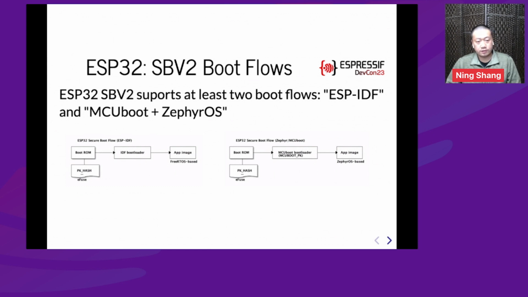In the ESP32 MCUboot and Zephyr OS case, the boot ROM will verify the MCUboot bootloader using the public key hash in eFuse. However, when the MCUboot bootloader verifies the Zephyr OS based app image, it uses a public key embedded into the bootloader, the MCUboot bootloader itself, to do the verification. Conceptually, these two boot flows are very similar, but the implementations are slightly different.